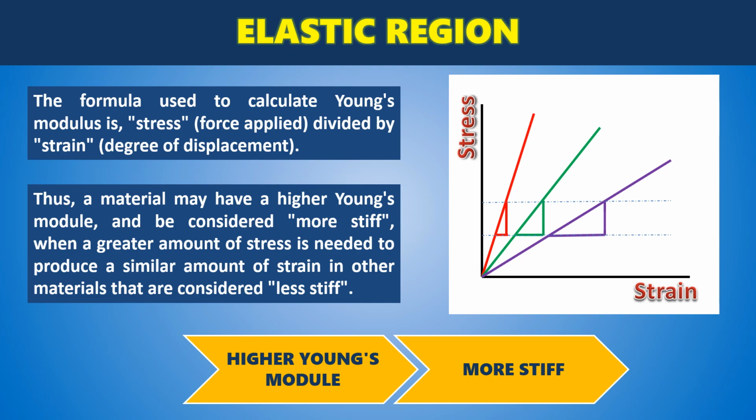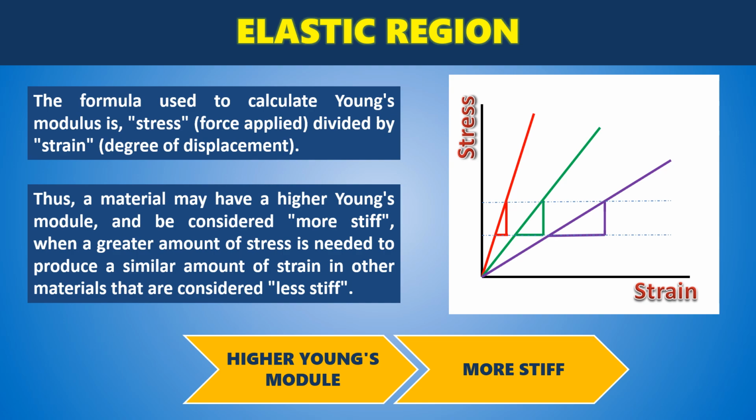The Young's modulus is the gradient or the slope. It is the stress over the strain. And whenever we have a numerator-denominator relationship, if the denominator, which is the strain, is small, it means we will have a higher Young's modulus of elasticity.